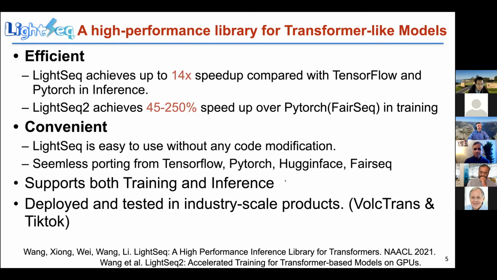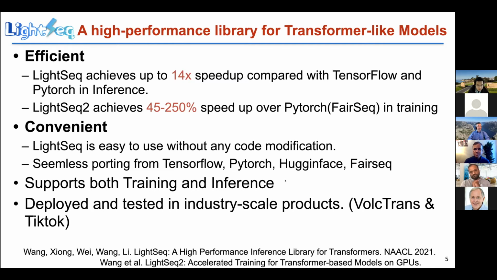It's also very convenient. You can still use TensorFlow, PyTorch, or Hugging Face, etc., to describe the model, port that model to LightSeq, and then use LightSeq to further train and run inference.